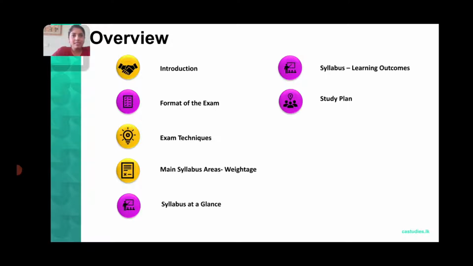And finally, we will submit a study plan for y'all so that you all know how CA Studies will be delivering lectures and accordingly plan yourself in a very flexible way.